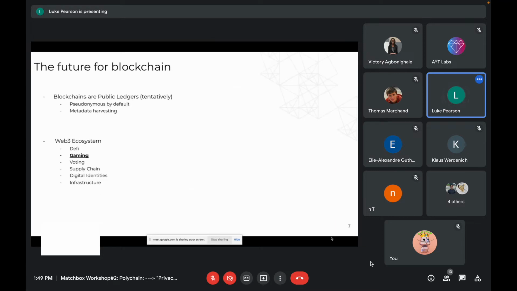And why is this important? Well, as I said before, blockchains are public ledgers. They're pseudonymous by default. So people seem to think that because it's a 0x and some alphanumeric code that describes an identity online, that it's hidden. But it's not.